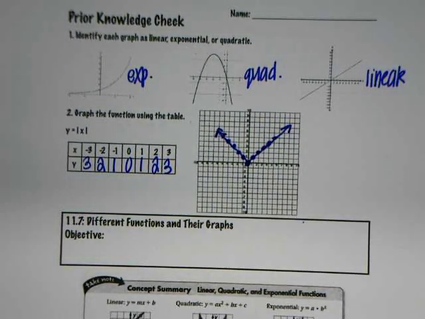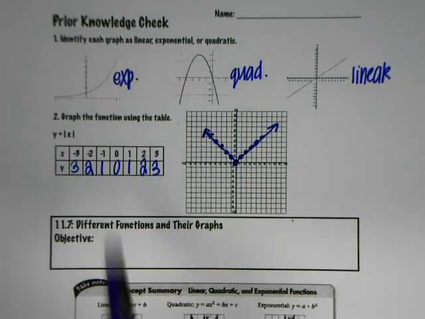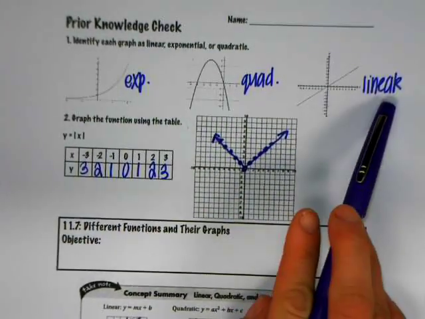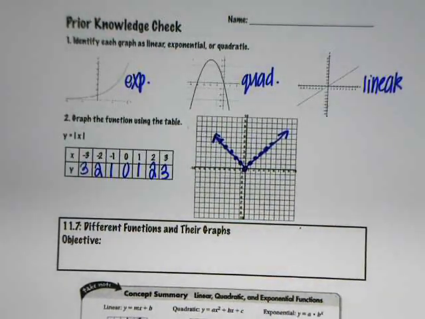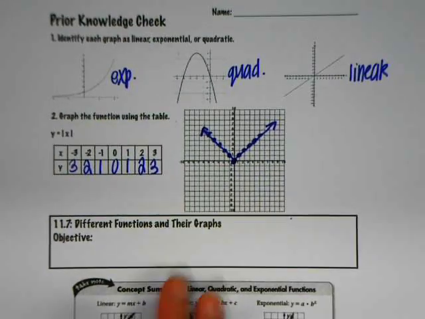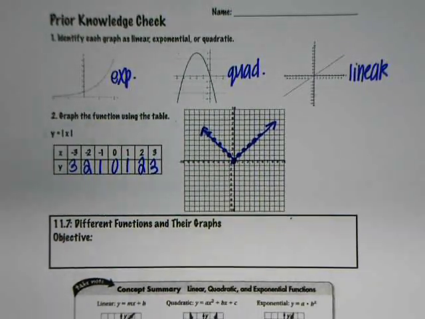Okay, so today is all about looking at these 3 types of functions that we've done this year, comparing them, and deciding what set of points or table is going to be what type of function, okay?